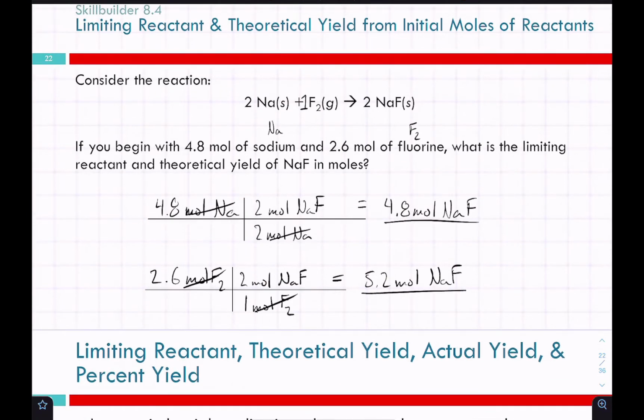So which of these is our limiting reagent? What do we run out of first? Sodium runs out first. We know that because it makes the smaller amount. So sodium is our limiting reagent.